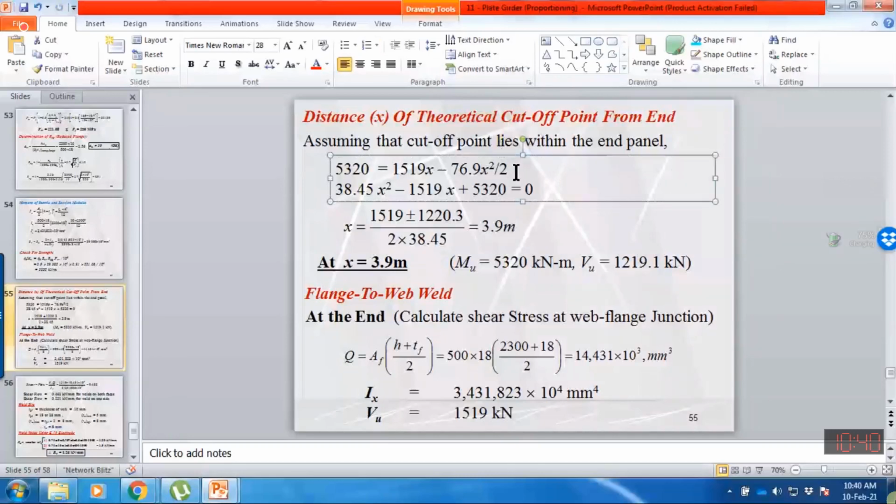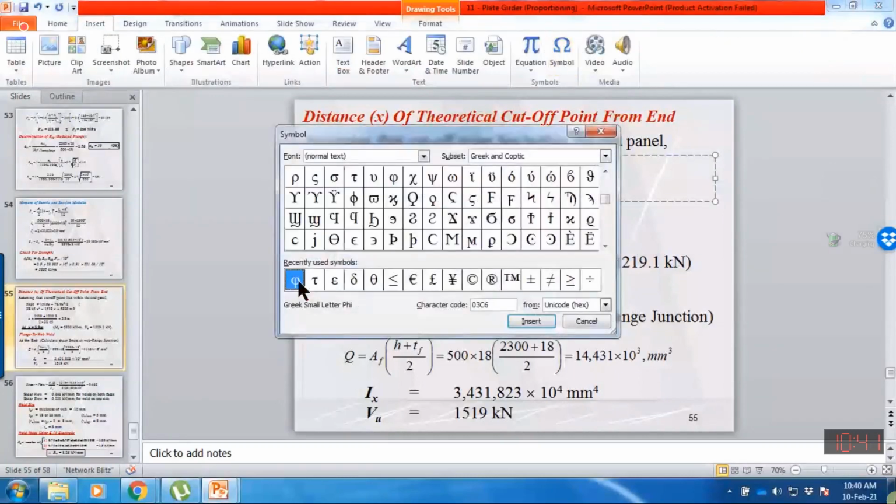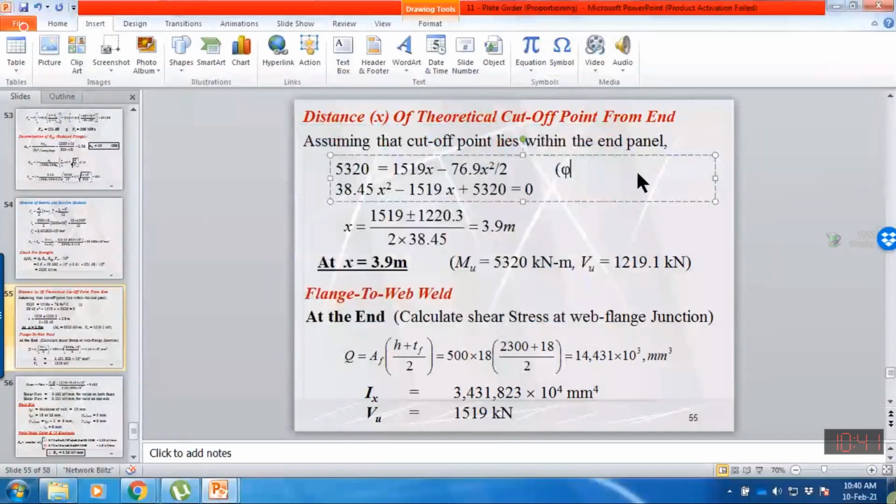So we can say that this equation is written by Bmn should be equal to Mx, or the moment in the beam.